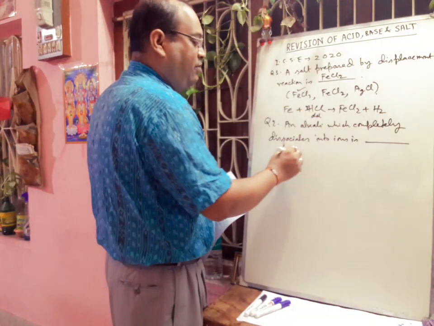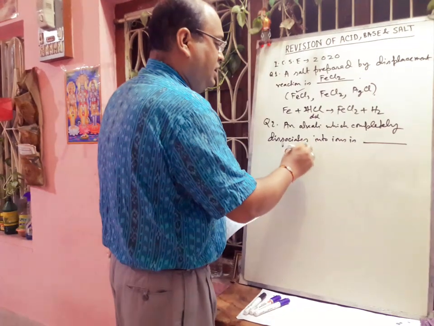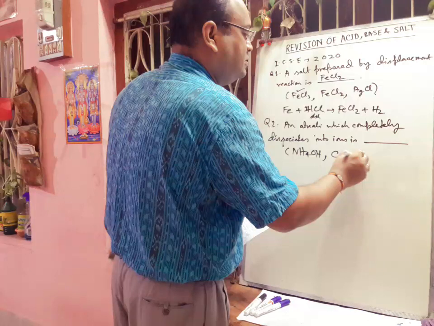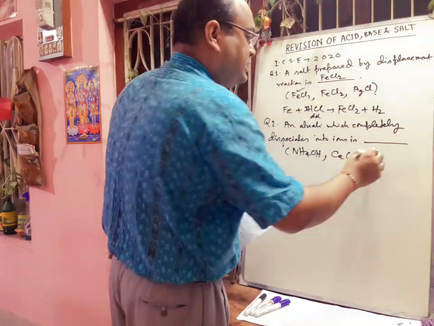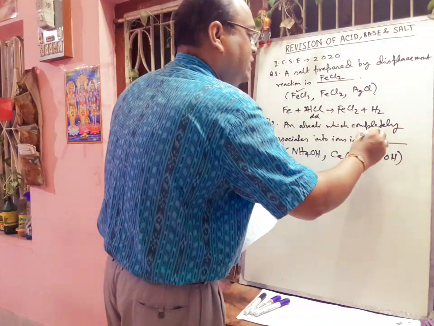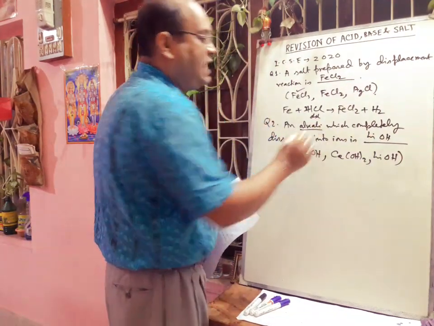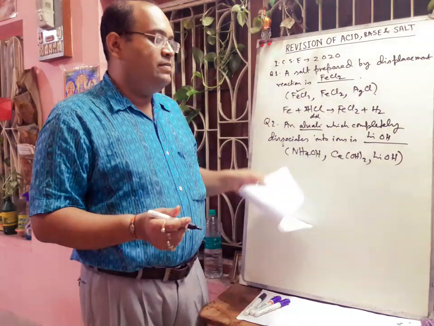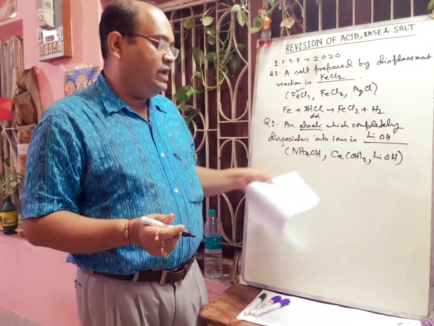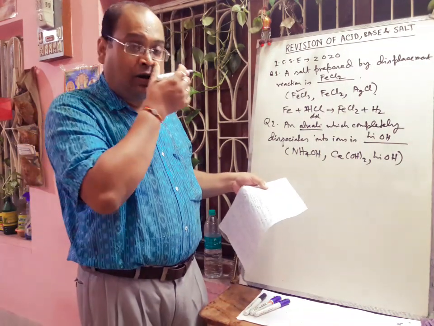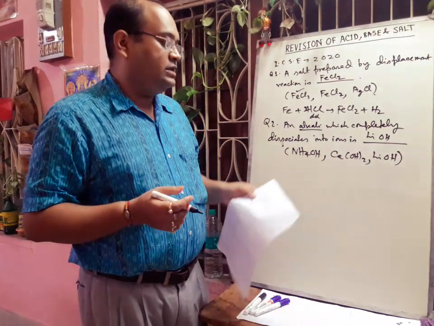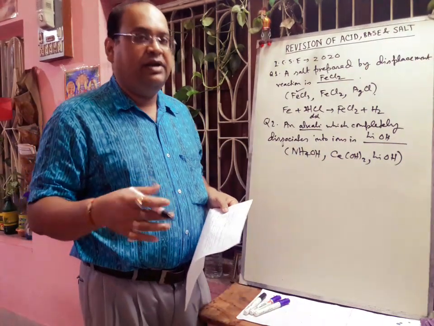Options are given: ammonium hydroxide, NH4OH; calcium hydroxide; and lithium hydroxide. So here the answer will be lithium hydroxide, as the term is alkali. Lithium is a group 1 element, calcium is a group 2 element, and ammonium hydroxide is a weak base, so it will not completely dissociate. So the answer is lithium hydroxide, as it is an alkali metal, highly basic, and it will completely dissociate into ions.